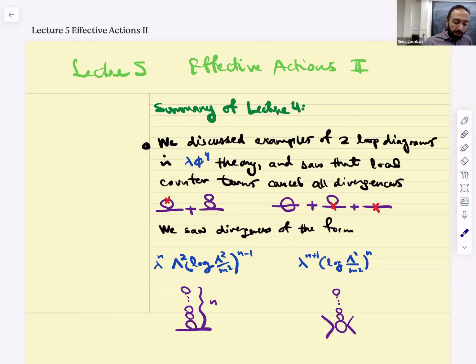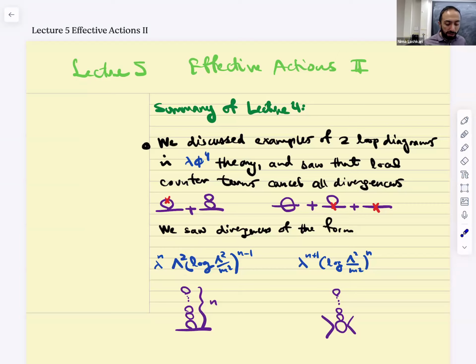All right, so we also said that we could just qualitatively discuss the divergences at higher loops. For example, these kind of bubbles that contribute at n loop to the propagator are order lambda to the power of n, they're n loop. Lambda, this is the cutoff, right?